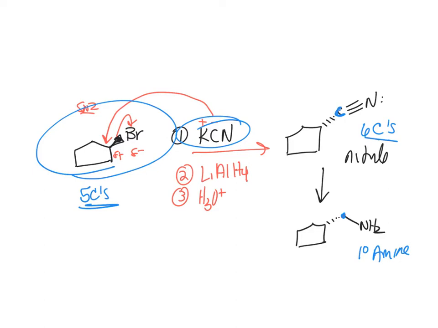Okay, here we have an alkyl halide, a primary alkyl halide, and we have a primary amine. Okay, so anytime you have a primary amine, you should think Gabriel synthesis.